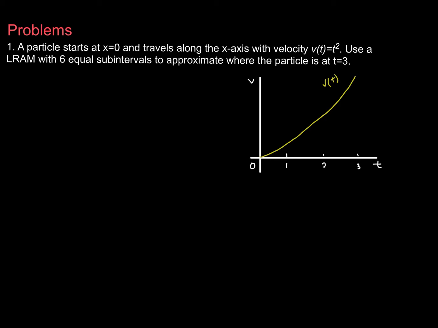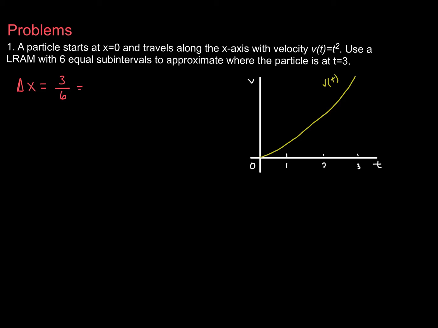So following my approximation method, first thing that I need to do is split up my interval from 0 to 3 into 6 equal intervals. And this is going to determine my delta x. So delta x is going to be 3 minus 0, which is just 3, over 6.